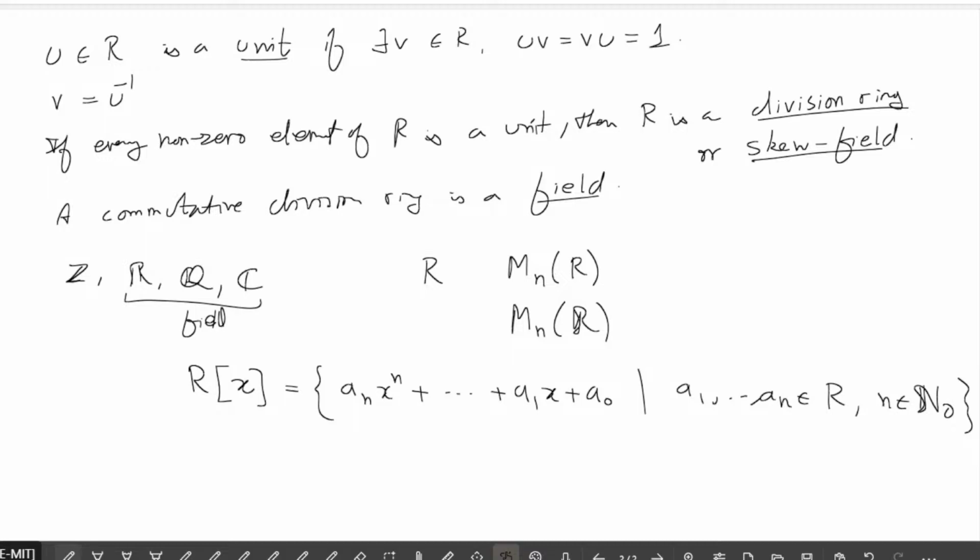Formal sum meaning that you don't have any other meaning for, say, x plus x to 2x, or it doesn't evaluate to anything else. It is just an expression of that form, but with the multiplication and addition as defined usually for polynomials.